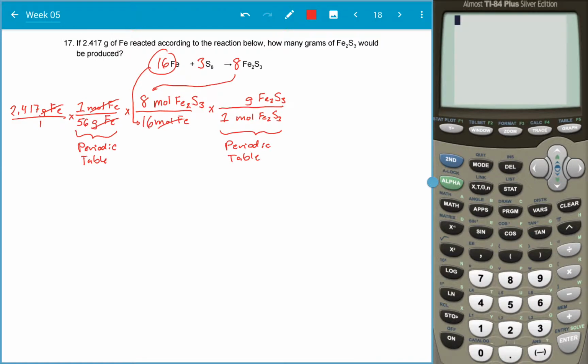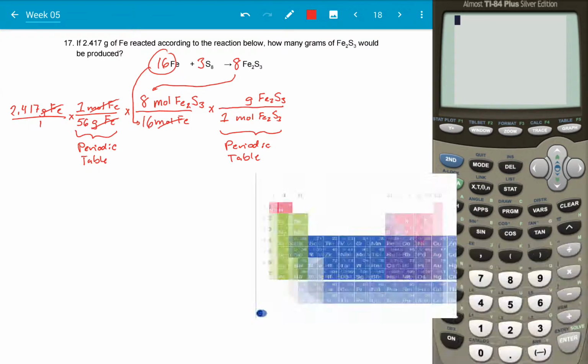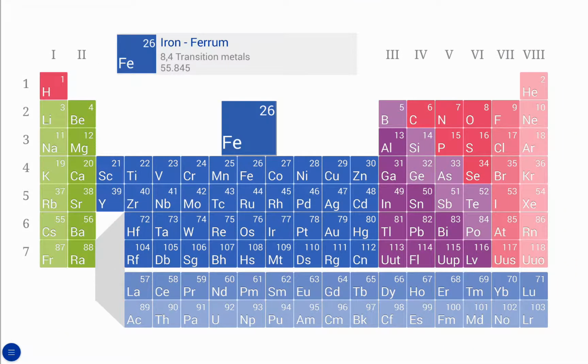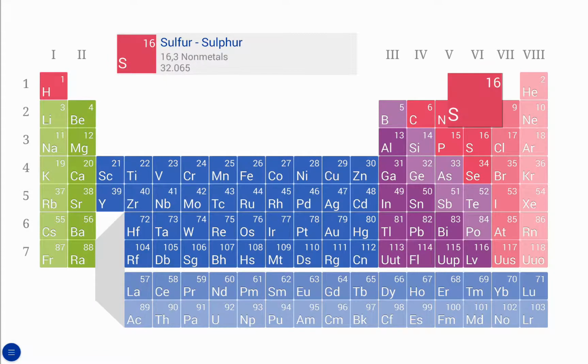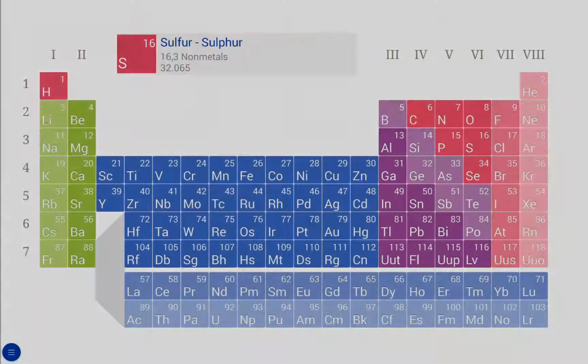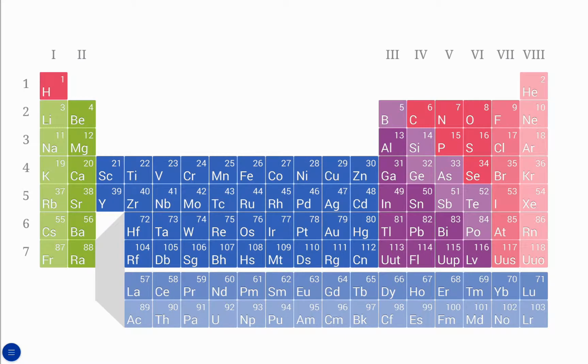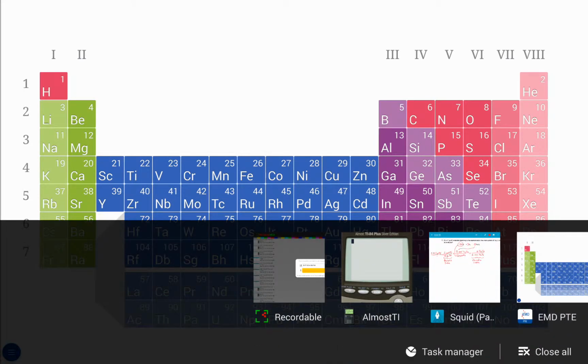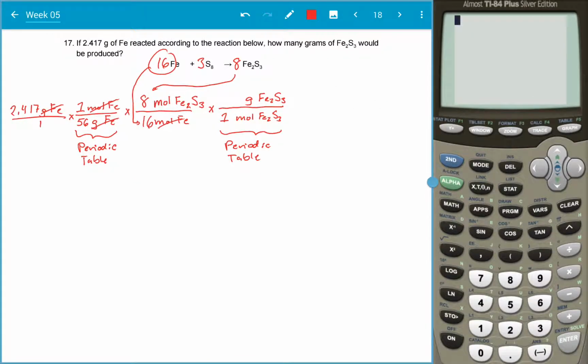And if we go to our periodic table, we can see that iron weighs 56 and sulfur weighs 32. But we have more than one iron, more than one sulfur. We have 2 irons and we have 3 sulfurs.